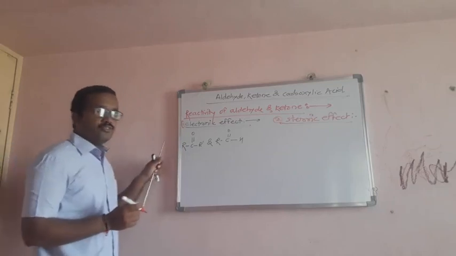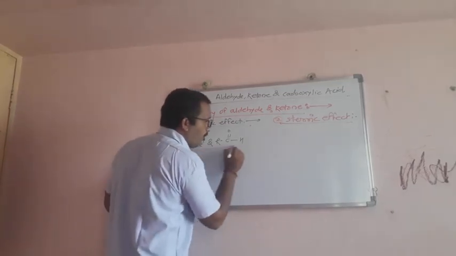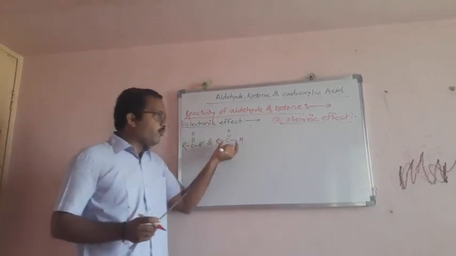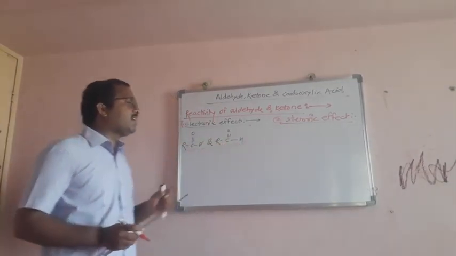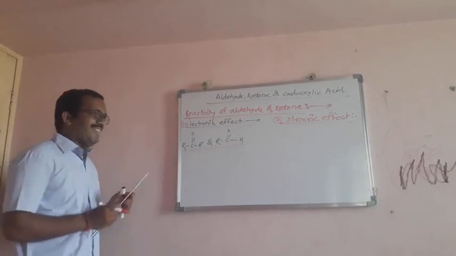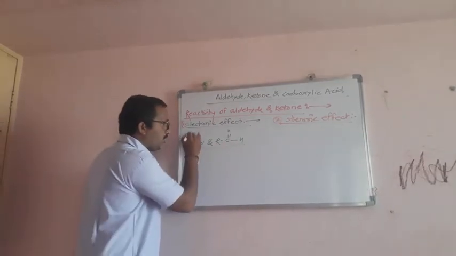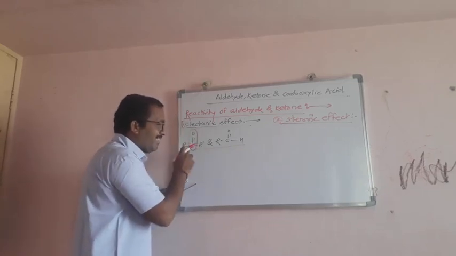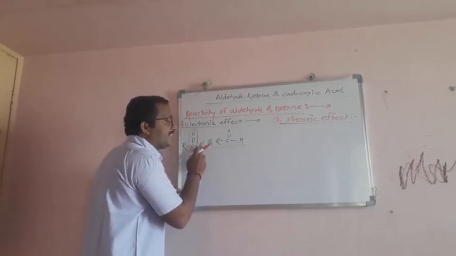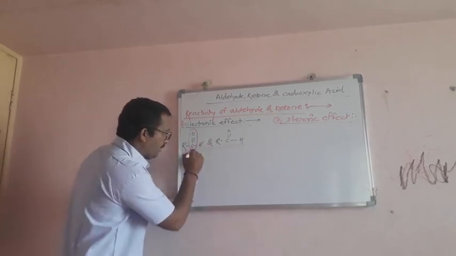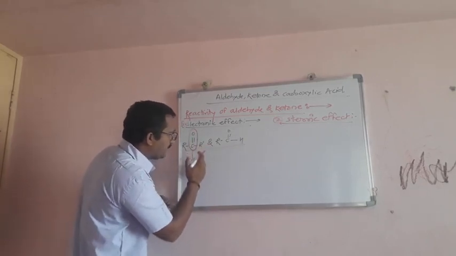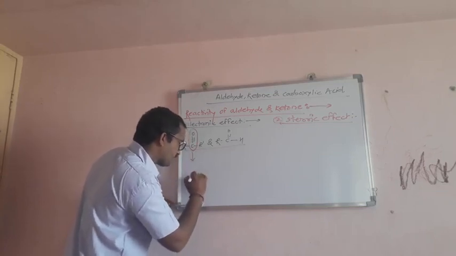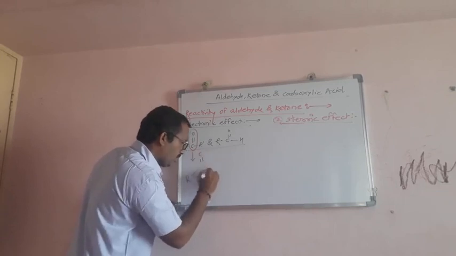I have to write the two functional groups on the board, that is the ketonic functional group and the aldehydic functional group. In the ketonic functional group, this is the carbonyl carbon, and this carbonyl carbon is bonded with two alkyl groups. The functional group is written like this: R C double bond O R dash.